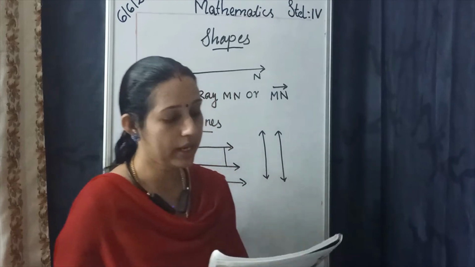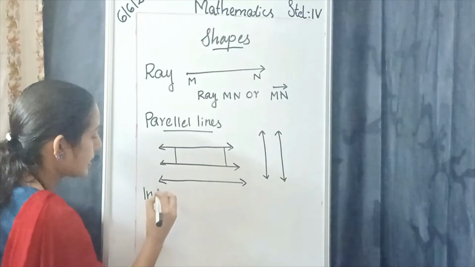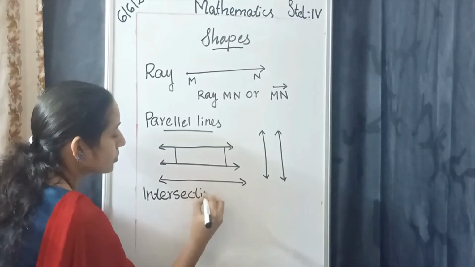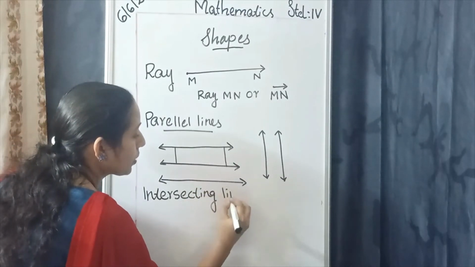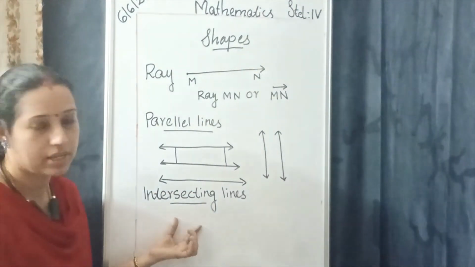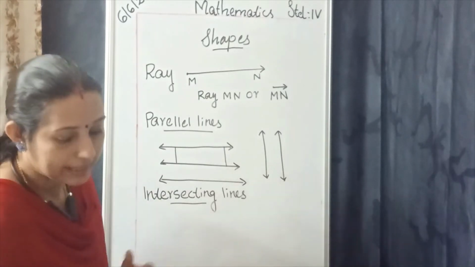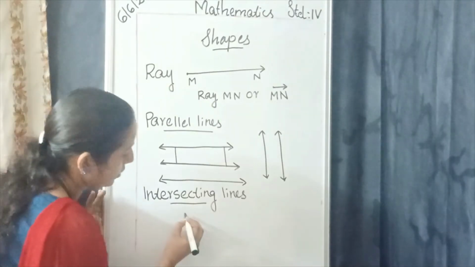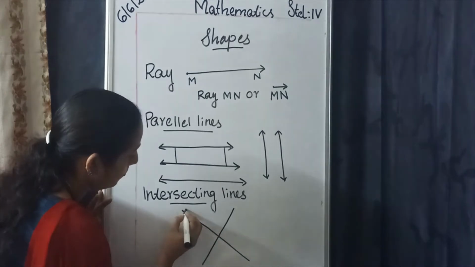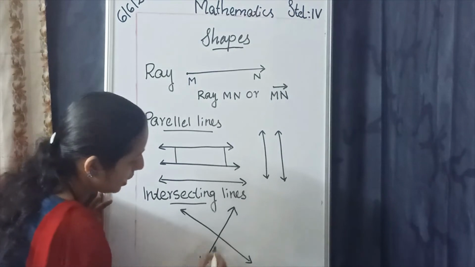Clear? Next one is the intersecting lines. What is intersecting lines? Intersecting lines means two or more lines meet at a common point.